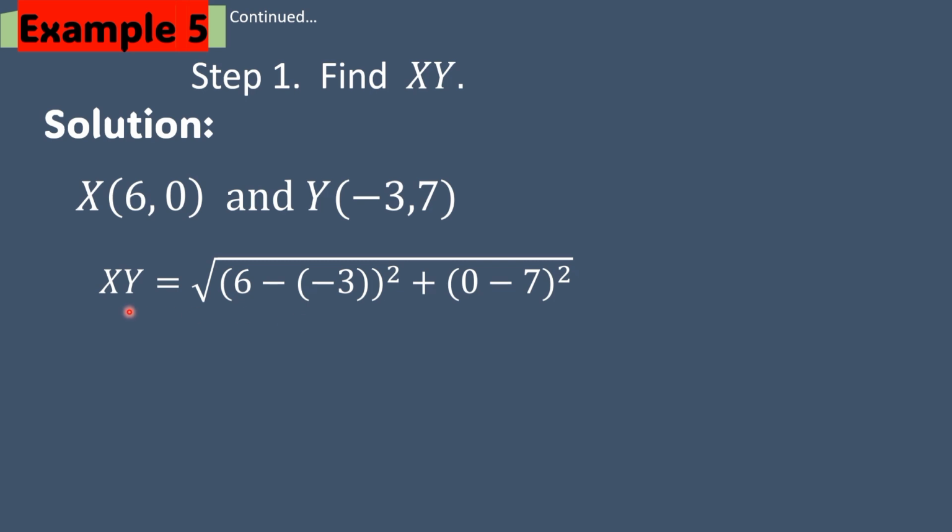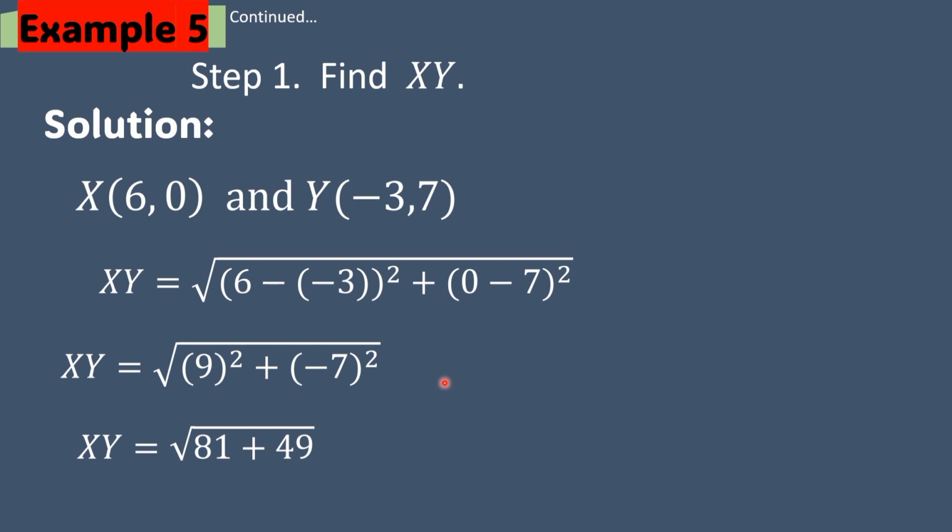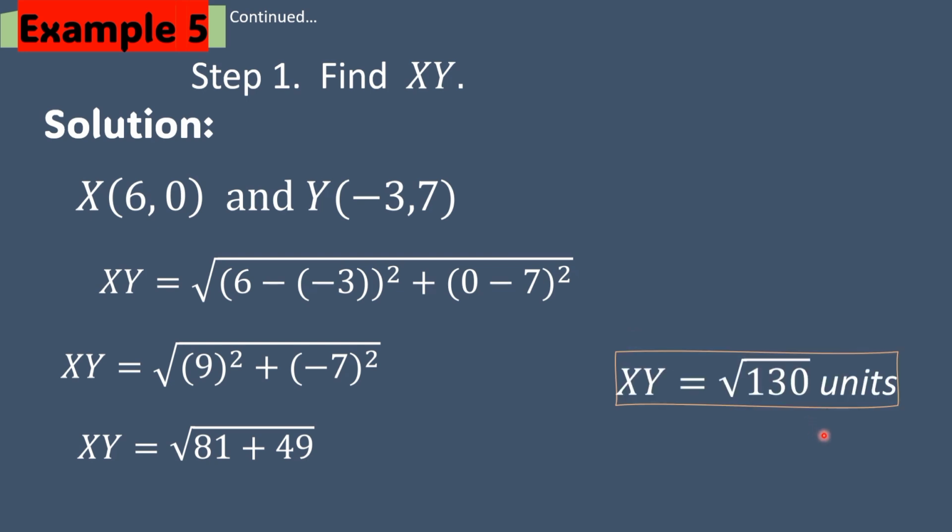Then XY is equal to the square root of 6 minus negative 3 quantity squared plus 0 minus 7 quantity squared, that is square root of 9 squared plus negative 7 squared, which is the square root of 81 plus 49. Therefore, the length of XY is square root of 130 units.